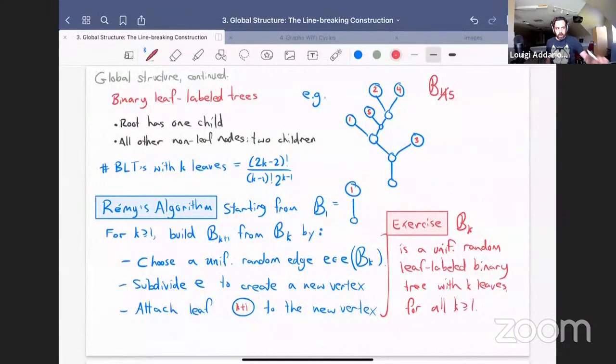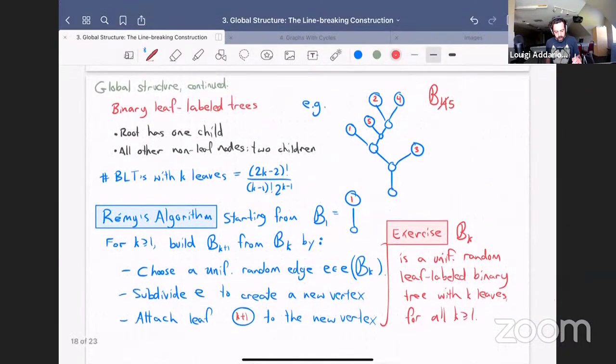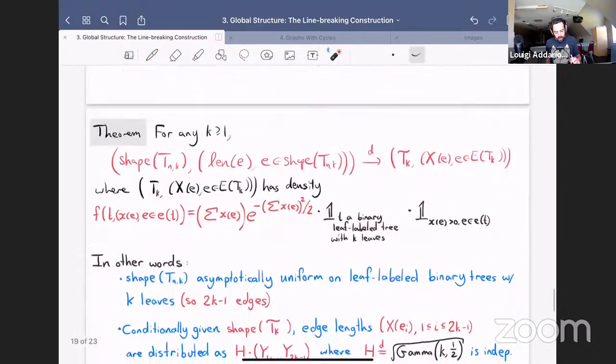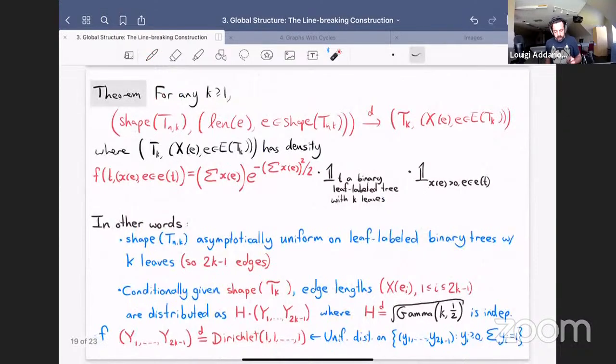Good. So now having explained that, I hope that what I mean by leaf labeled binary trees is clear. And I'll remind you of the theorem we saw at the end of last class. This said that if we look at the subtree of T_n spanned by the root and the k smallest labeled leaves, and then we reduce it to its shape, and then we record the vector of edge lengths along with that shape, then that converges in distribution after rescaling the edge lengths.